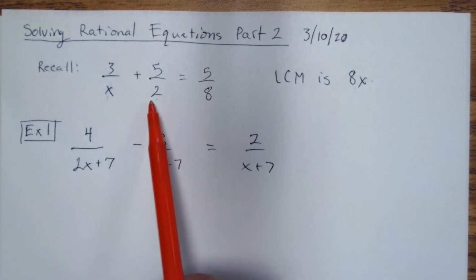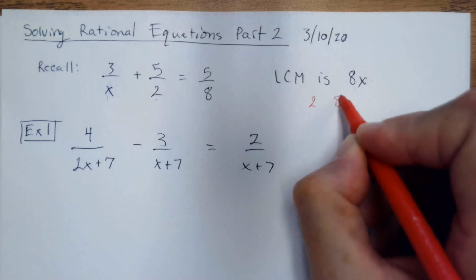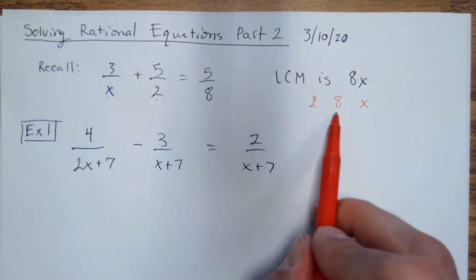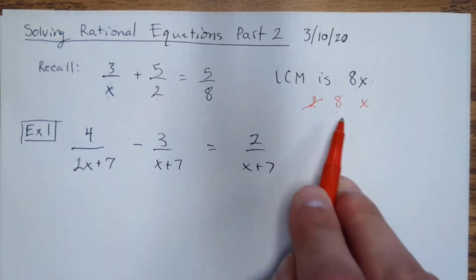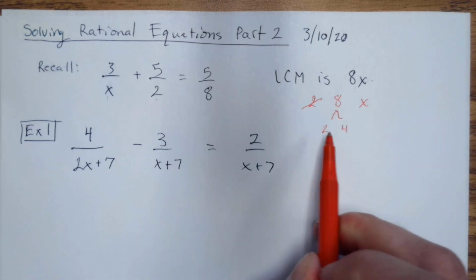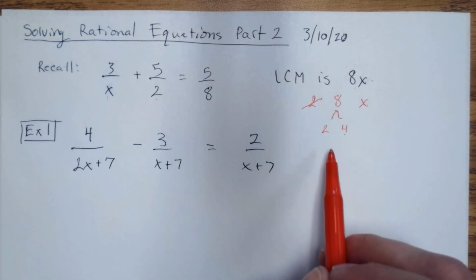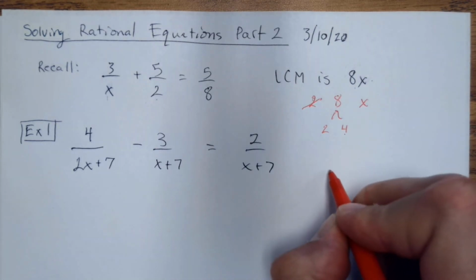So here, the pieces were 2, 8, and x, although the 8 contains a 2 already. It's 2 times 4. So really all the pieces are 2, 4, and x. For this, here the pieces are just 2x plus 7.